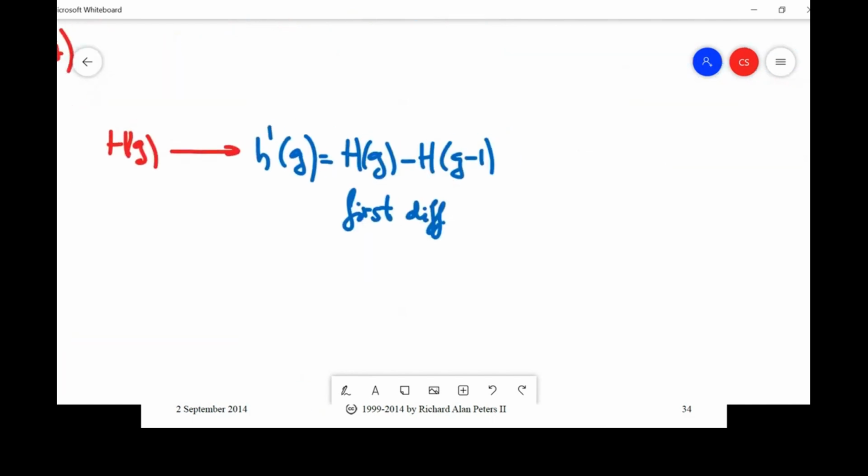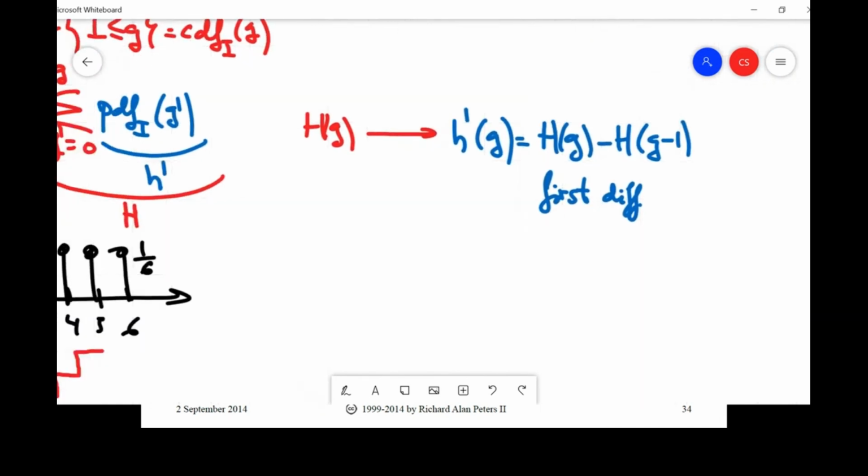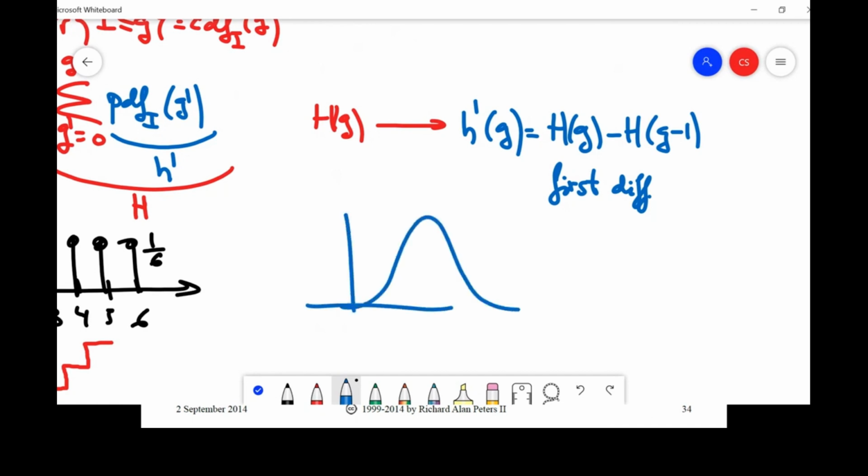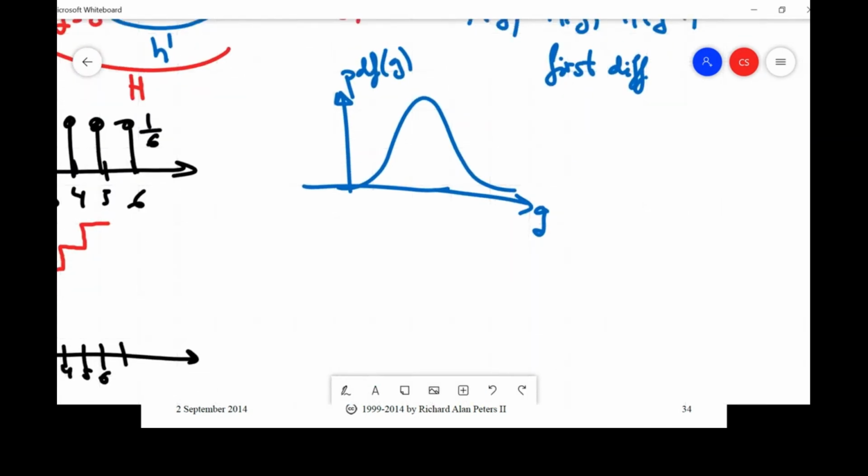Okay, good. As was said, this is for discrete signals. What happens if we have continuous signals? Let's say that I have something like this. This is the PDF, and this is the axis D. And what is the integral of that? The integral will be something like this.